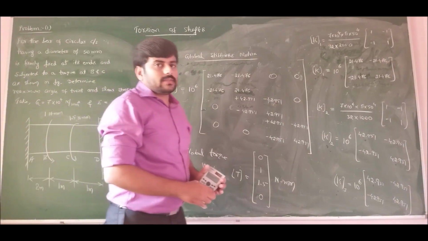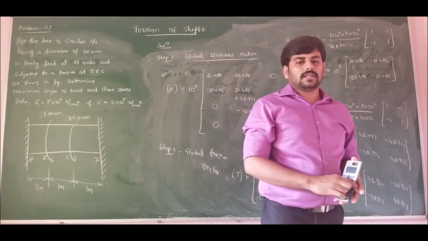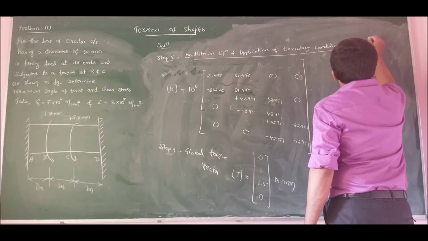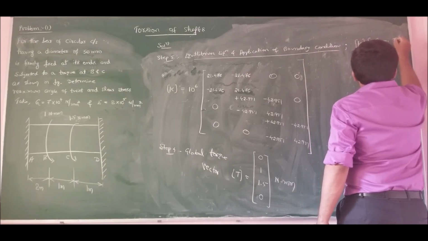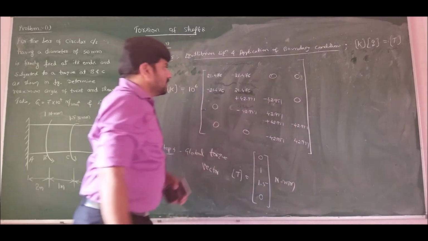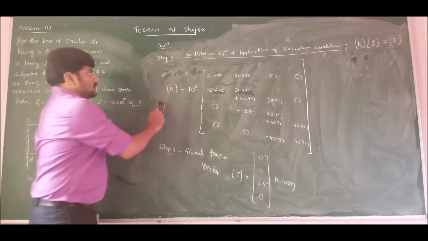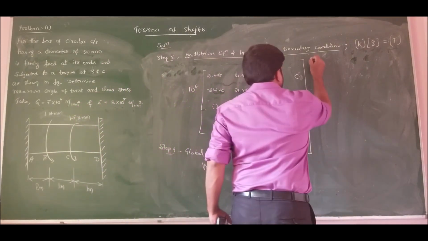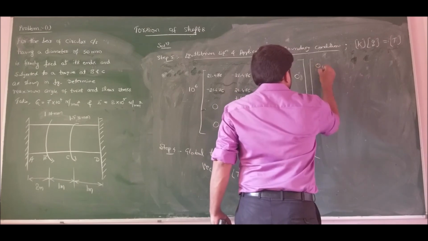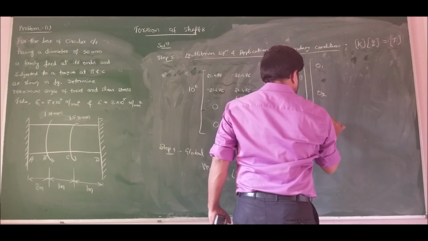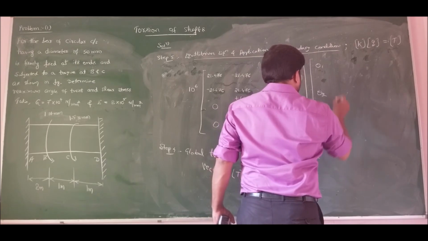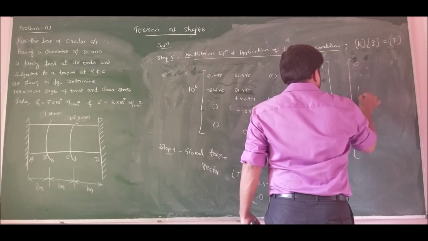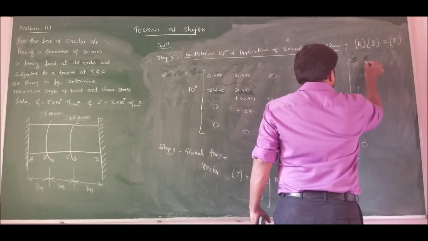Now moving on to step 5, that is the equilibrium equation and application of boundary conditions. The equilibrium equation is given by K matrix into Q matrix is equal to the global torque vector. So this itself is the K matrix, into the Q matrix, which is theta 1, theta 2, theta 3 and theta 4, equal to the torque matrix 0, 1, 1.5 and 0.